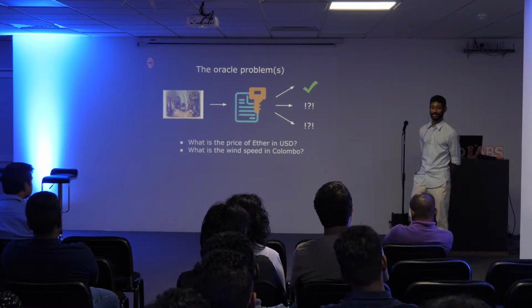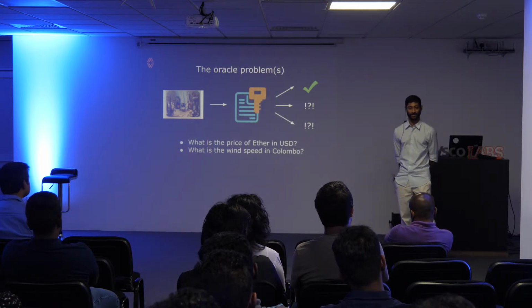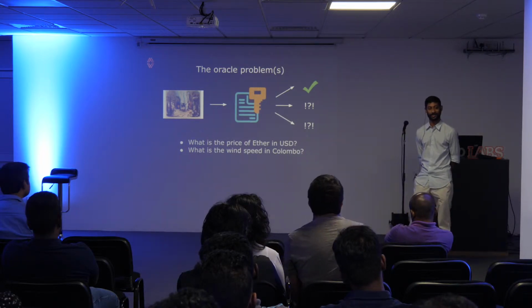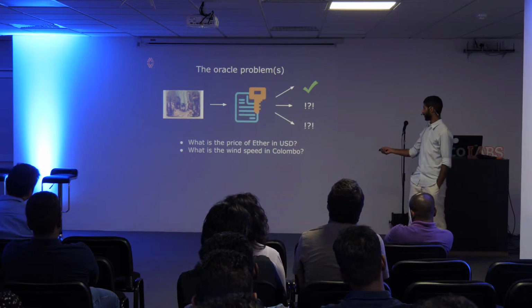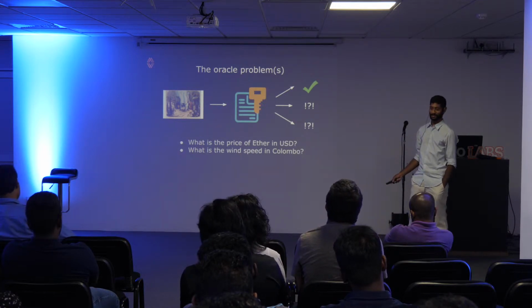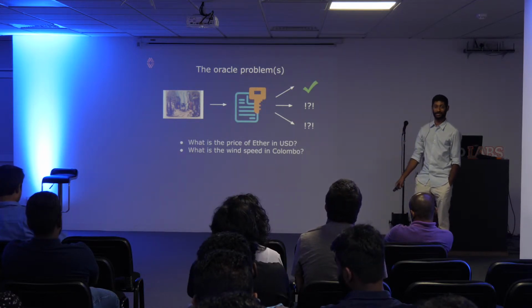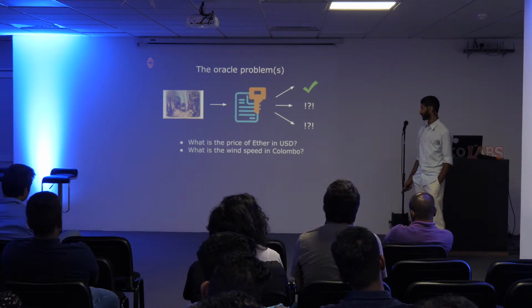If we need to know what is the wind speed in Colombo for a smart contract to execute, that's not a simple question either. Where in Colombo are you talking about? That's another aggregation issue. And these are relatively simple, but if we get unexpected information from an oracle, a smart contract might give you unexpected results. So it's important to carefully define what sort of truth you're looking for.